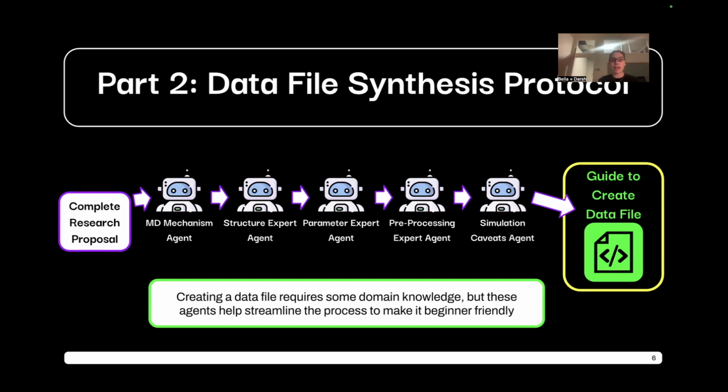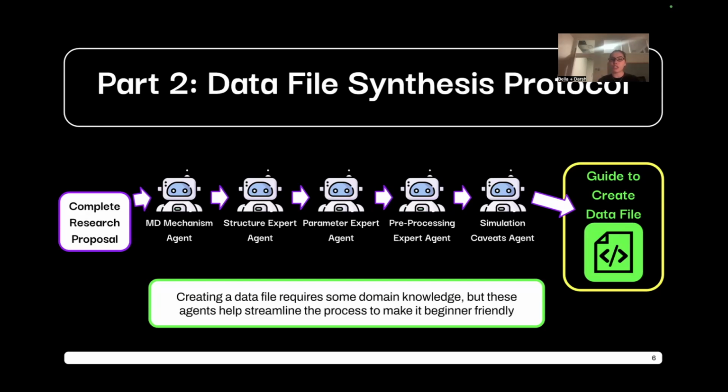Once a research proposal has been completed, we can begin to create a data file. This pipeline is a sequence of agents, starting with the MD mechanism agent that expands on the research proposal's relevance to MD, a structure expert agent and a parameter expert agent that suggest where to get those structure and parameter files, and a pre-processing agent, which decides in what order simulation software like VMD and TopoTools should be called in order to create the final data file.